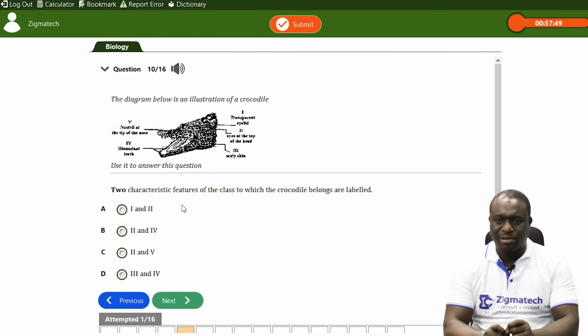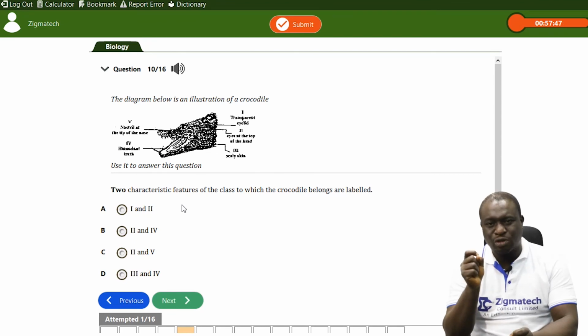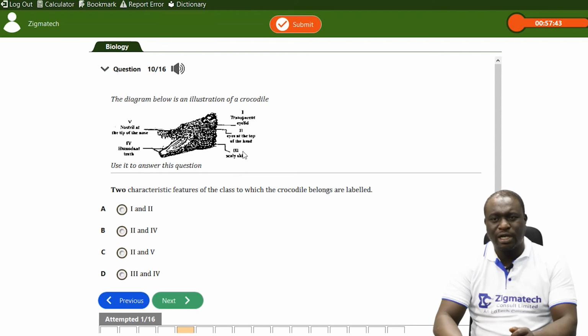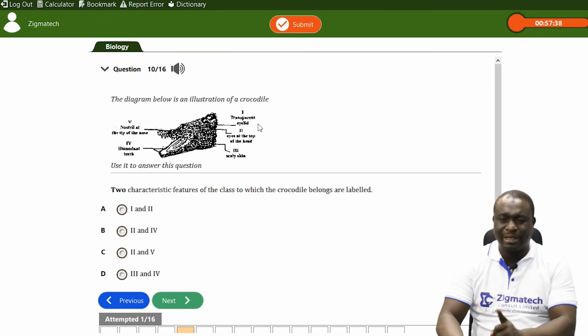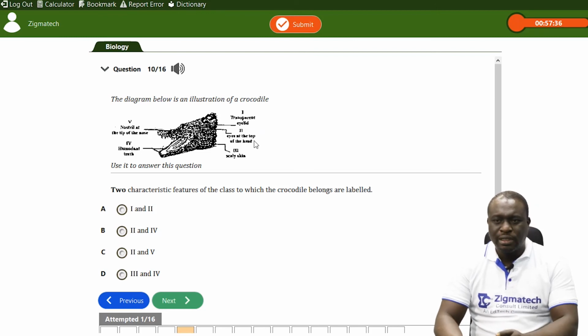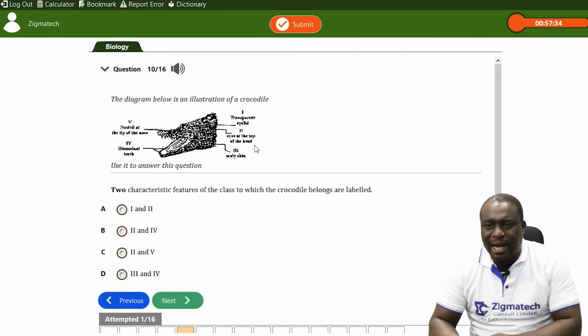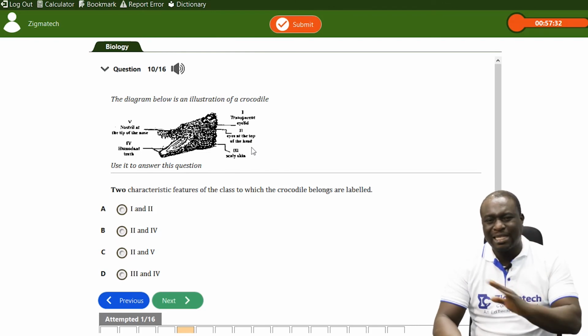Remember we talked about several characteristics of reptiles. Now let's look at those characteristics. If you look at number 1, they said transparent eyelid. It has nothing to do with transparent eyelids. Number 2, they said eyes at the top of the head. It has nothing to do with reptiles.